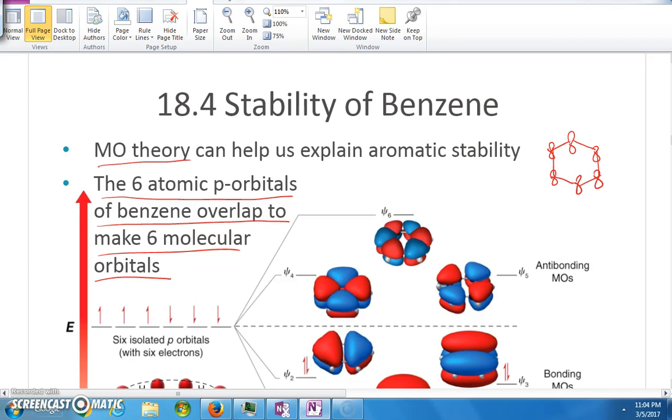So that means that there's going to be a continuous delocalization of pi electrons, okay, because it is fully conjugated in a ring, and that will lead to continuous delocalization of pi electrons, leading to significant stability.